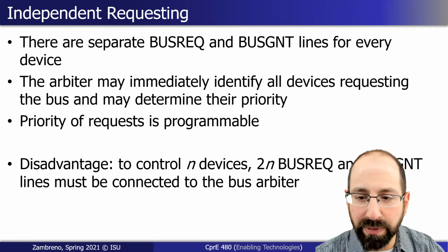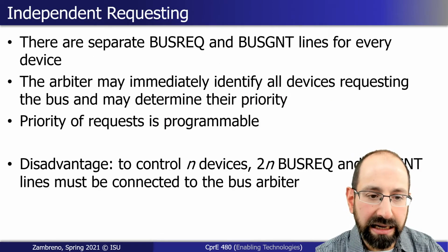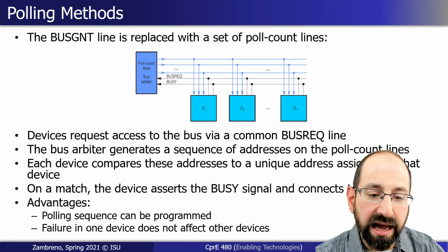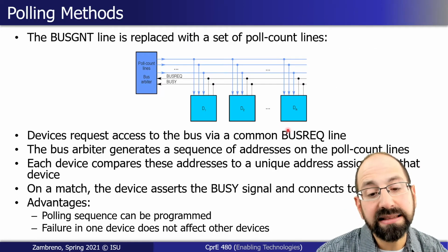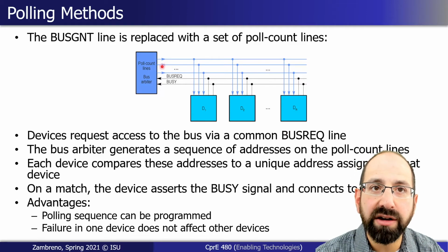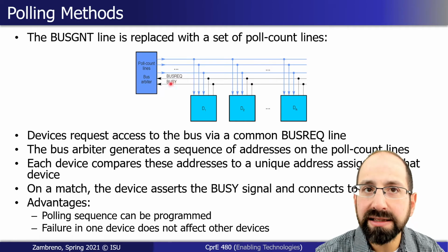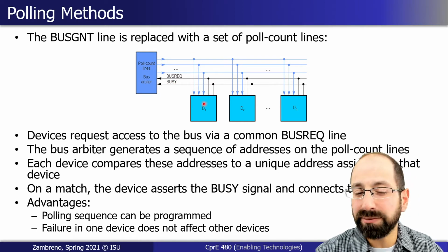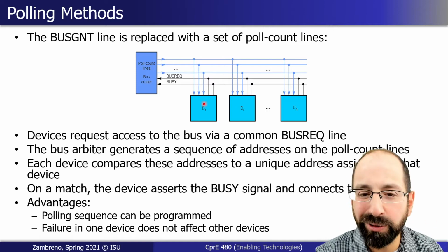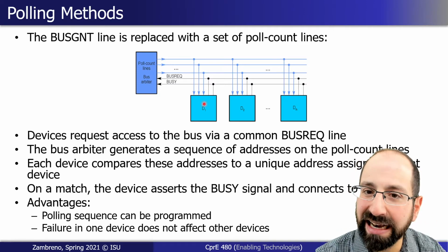We talked separately about having independent bus request and bus grant lines for every device. There's a lot more lines when that's the case. We talked about polling approaches where you can have shared bus request lines and then a poll count line, which would be some sort of counter, some sort of algorithm that would determine which IP core would get access to the bus at any given time.